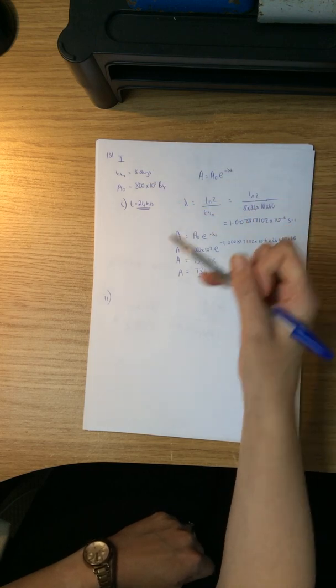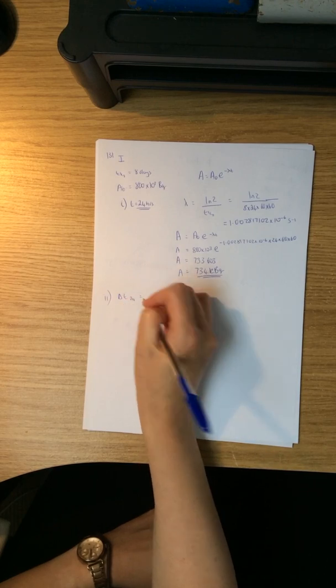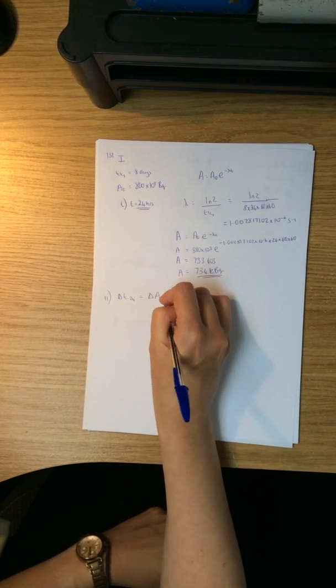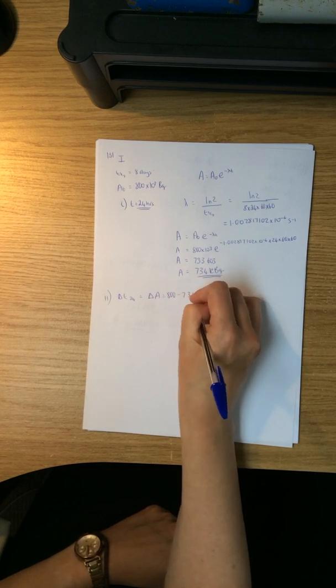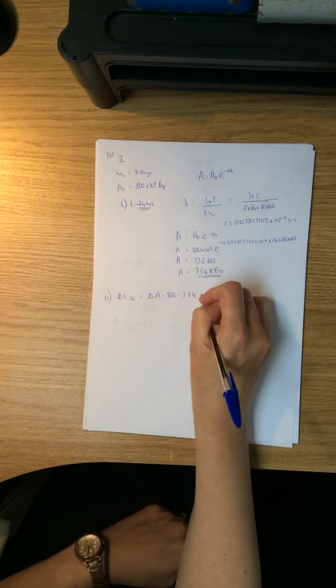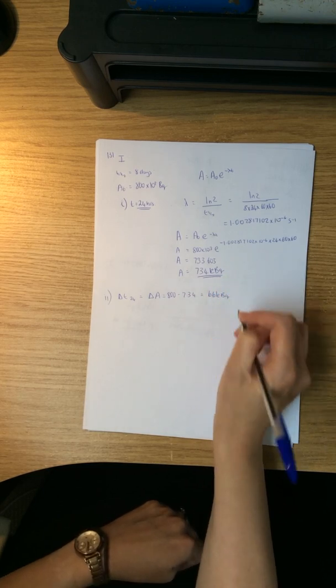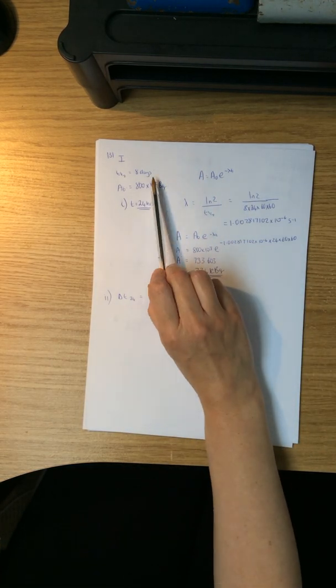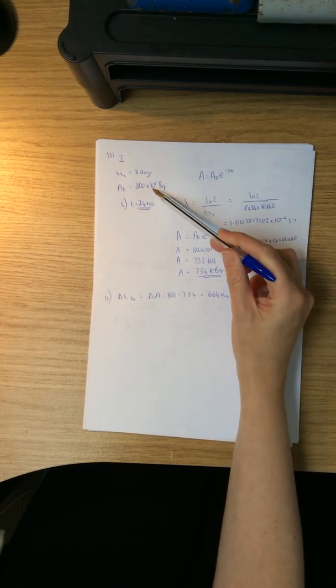So if we work out the difference between these two, a change in time of 24 hours gives you a change in activity of 800 minus 734, which is 66,000 becquerels. So 24 hours before this, this would be 66,000 becquerels higher.